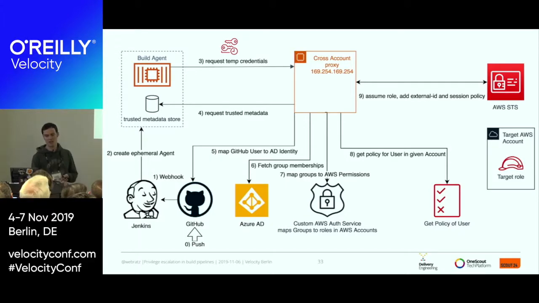Another thing that we're adding here is the so-called external ID. It's also an AWS-specific thing. I'm pretty sure it exists in other services too. It's just a string that we can add to this assume role, and this string can be checked in the target role in the account. So in the policy, you would be writing like only if external ID equals the string, then allow the assume role.